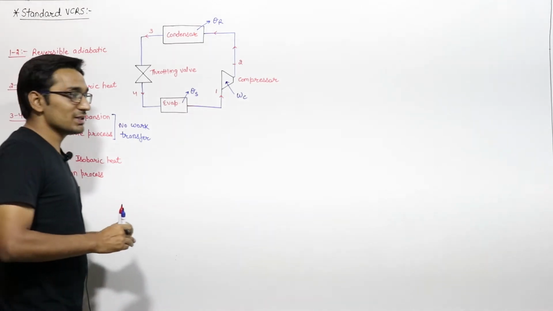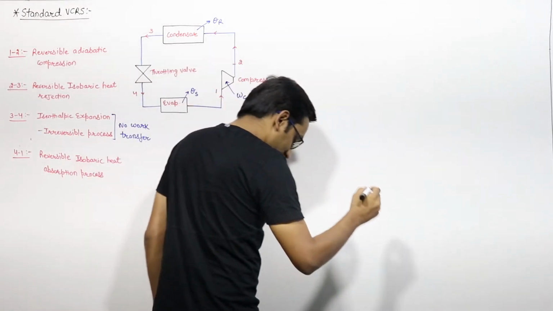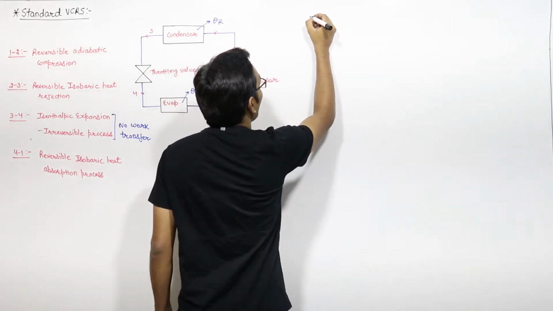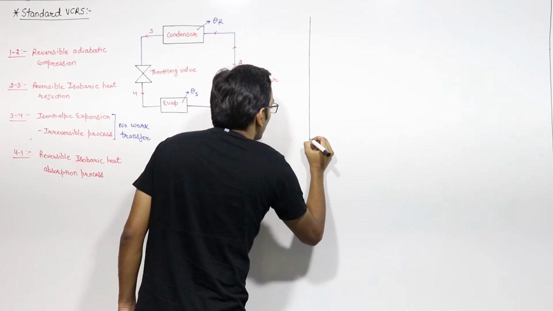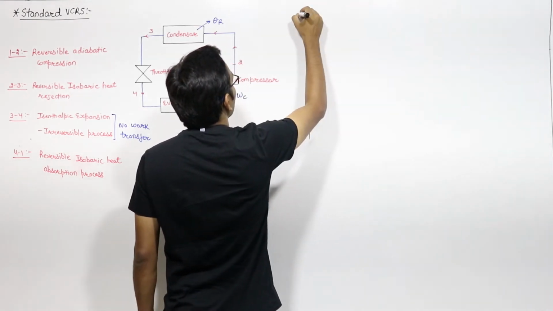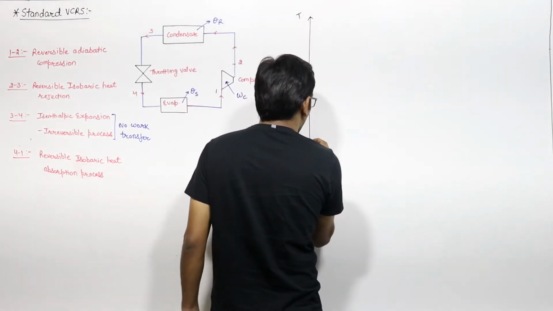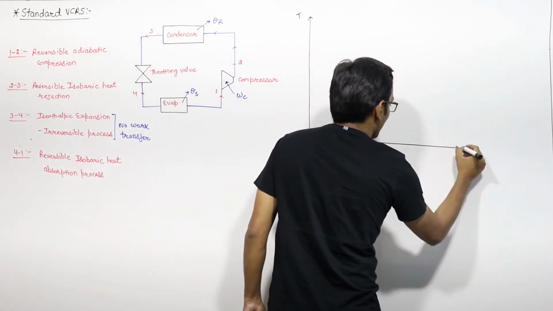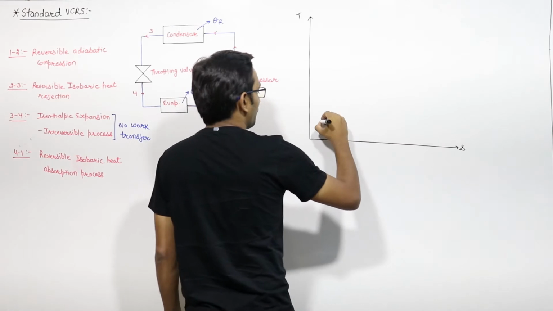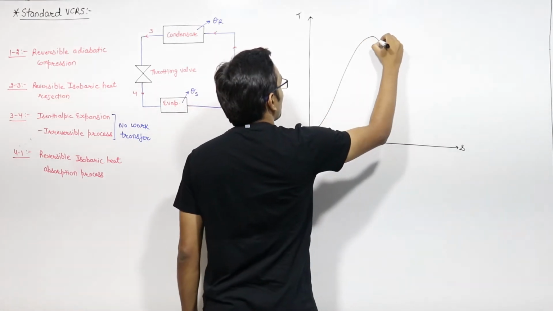Now let us put this standard vapor compression refrigeration system on the TS diagram. Let us say this is TS, this is the vapor dome.